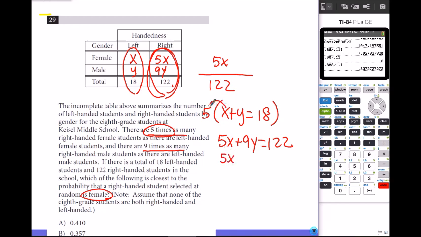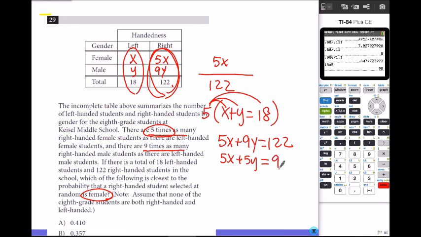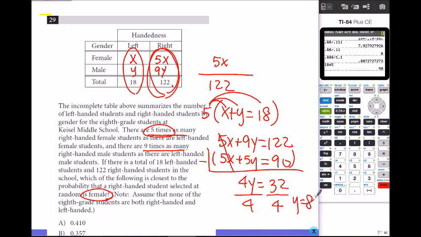So it's 5X plus 5Y equals 90. 18 times 5 is 90, right? So you multiply all three by 5, so it's the exact same thing. Now once I have it, I'm going to subtract to get rid of the X's. 9Y minus 5Y is 4Y, and 122 minus 90 is 32. So Y is 8. That's not what we're looking for.